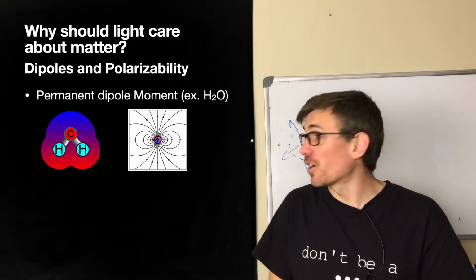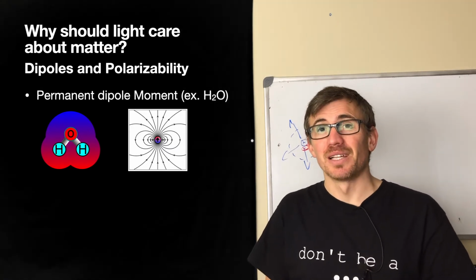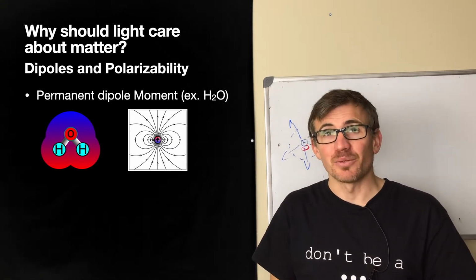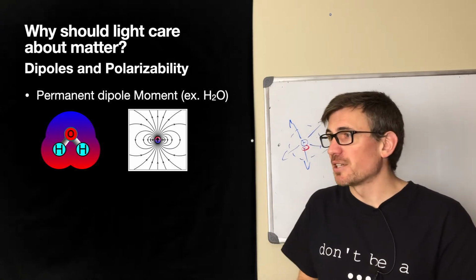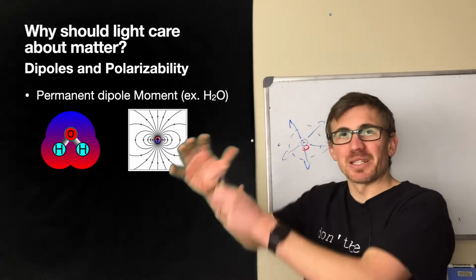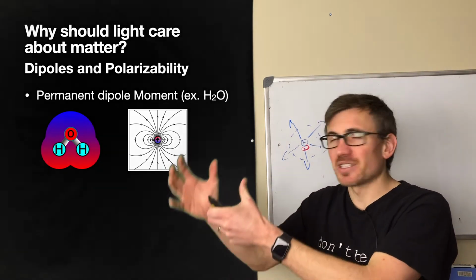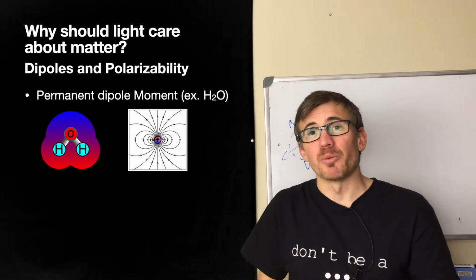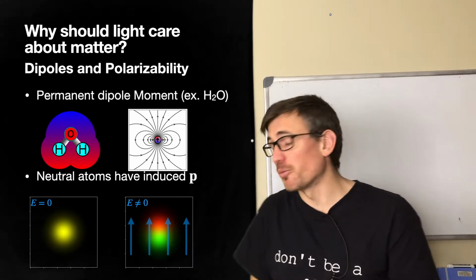But we can't just talk about polar molecules. Everything affects light. Even something very simple like hydrogen, lithium, rubidium, an alkali atom, is basically a giant symmetric sphere. Even that can have a dipole moment, and that has to do with the induced dipole moment.